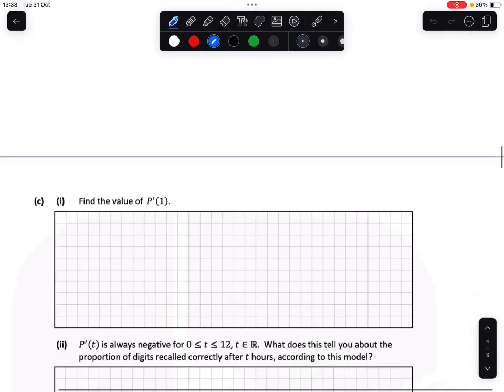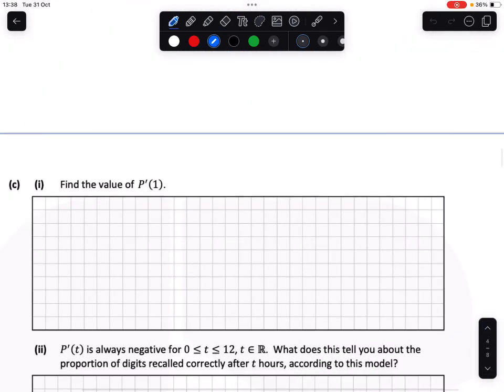Now, find the value of p prime of 1. First of all, we have to remember that p(t) was equal to 0.82 minus 0.12 times the natural log of t plus 1. Now we just need to differentiate this, and then whatever the derivative is, we can sub in 1. So p prime of t: the 0.82 is a constant, so that disappears.